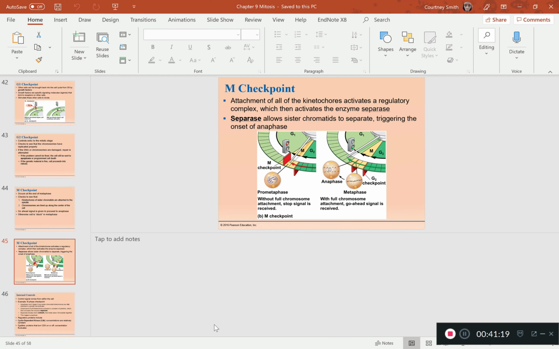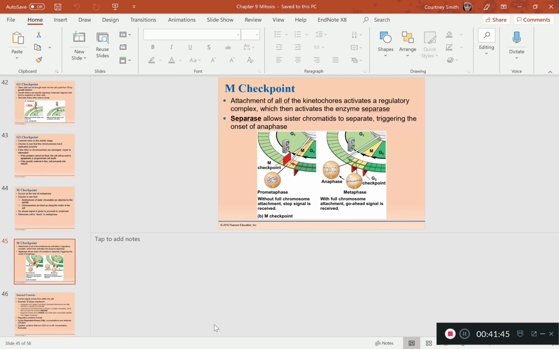Now with the M checkpoint, this happens during metaphase. So this is where we're already in mitosis, and it's at the very end of metaphase. What it does is that it makes sure that the sister chromatids are actually attached to the spindles.